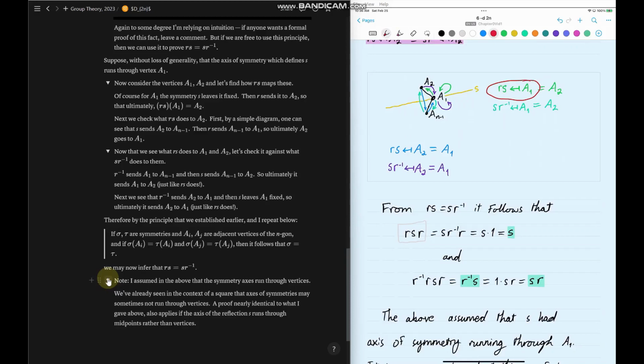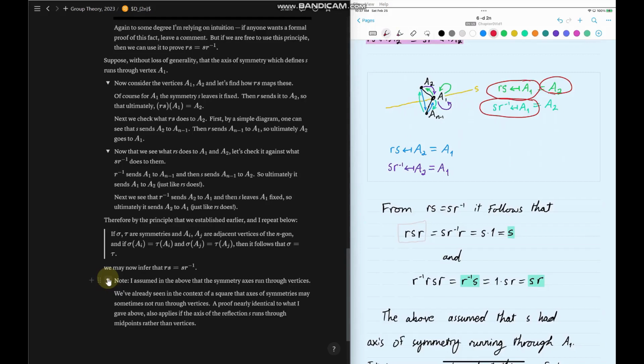Well, certainly S leaves A1 fixed. And then we pass A1 into R, which sends A1 to A2. So at the end of the day, RS sends A1 to A2. We also check what SR inverse does to A1. Well, that's first going to map A1 clockwise, right?